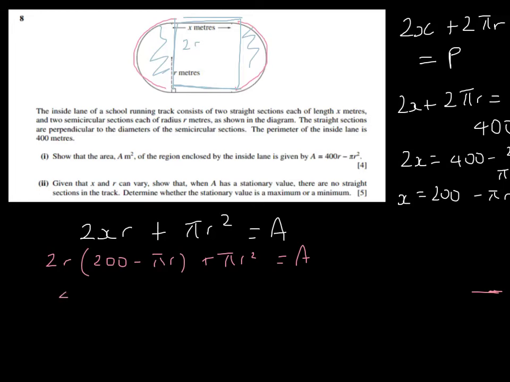So I'm going to get 400r minus 2 pi r squared plus pi r squared equals A, and if I tidy that up, I'm going to get 400r minus pi r squared. Okay, for the next part, we're going to do this whole stationary value thingy again.